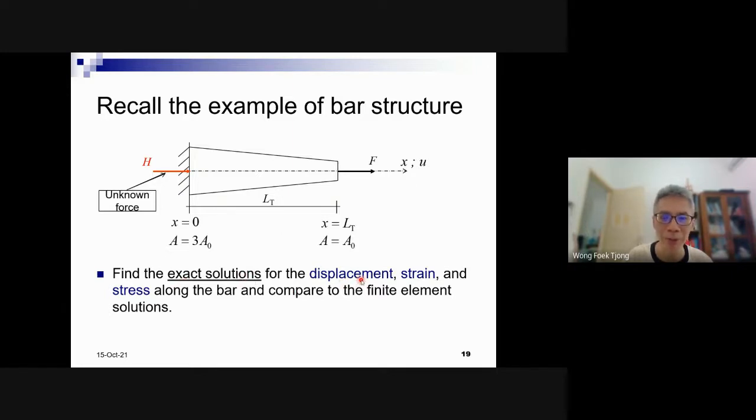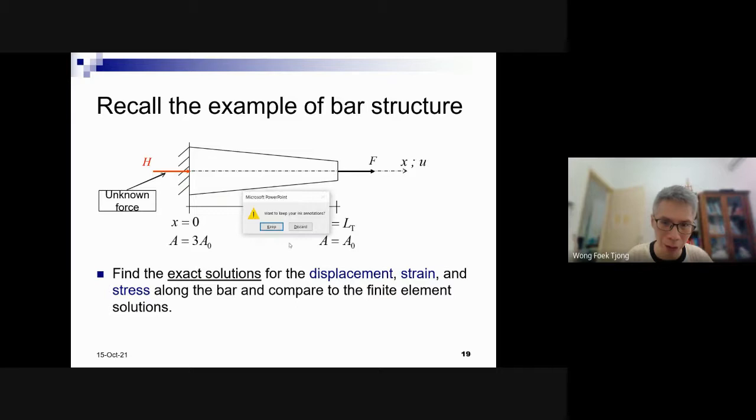After the displacement, we expect we can find the strain and stress fields. After we develop the finite element method, we can also compare with the finite element solution later. But let's focus on this first, okay?